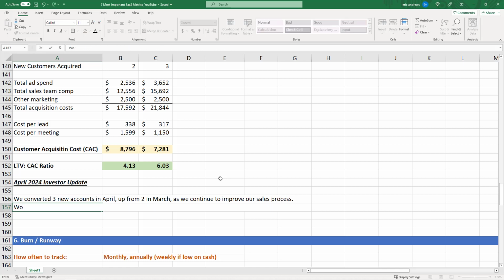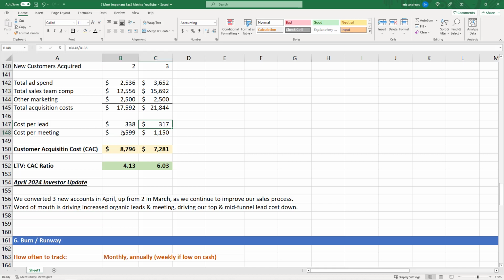We can also say maybe we knew anecdotally that word of mouth is driving increased organic leads and meetings, driving our top and mid funnel lead cost down. So you can see here, maybe our cost per lead went down, maybe our cost per meeting went down significantly.